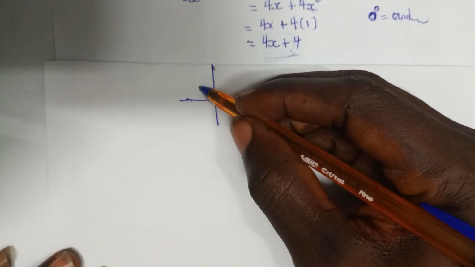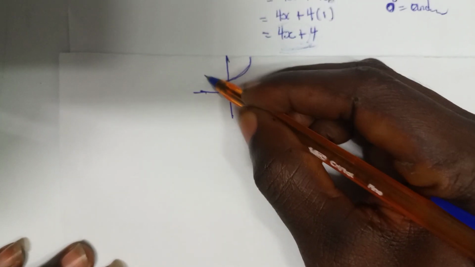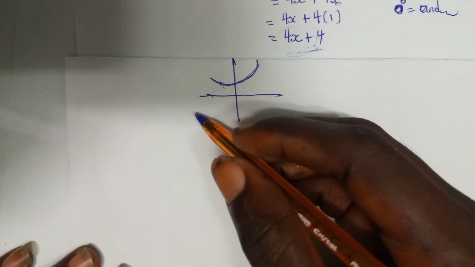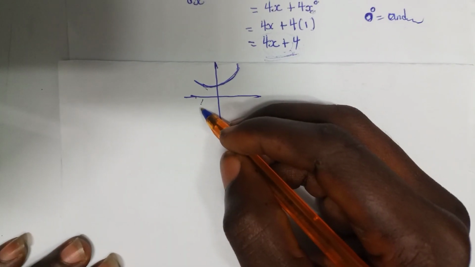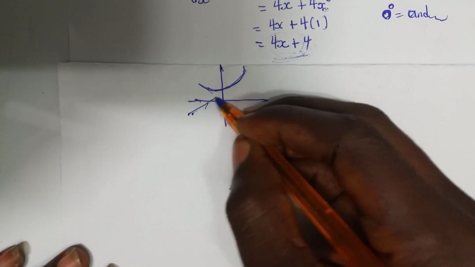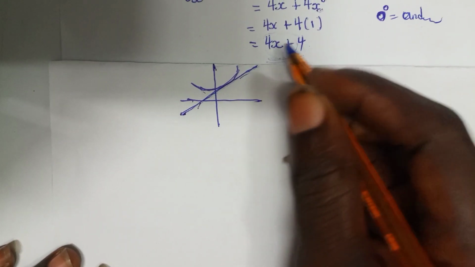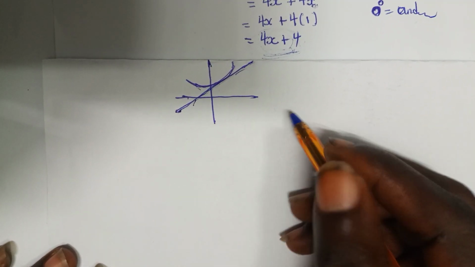Let's say we have a curve. A line that touches the curve at one point is called the tangent.